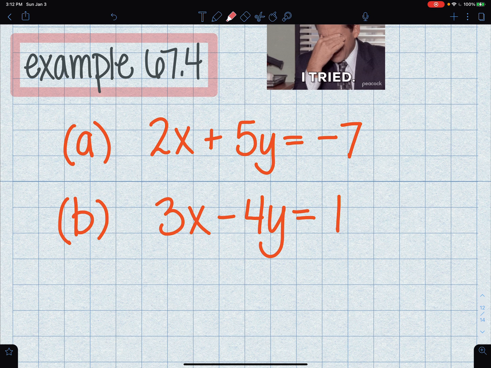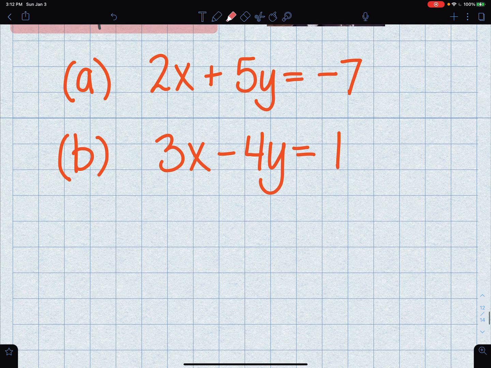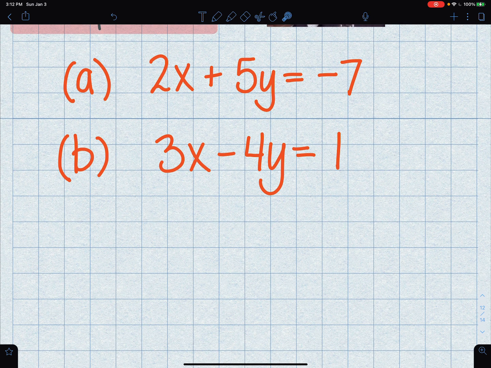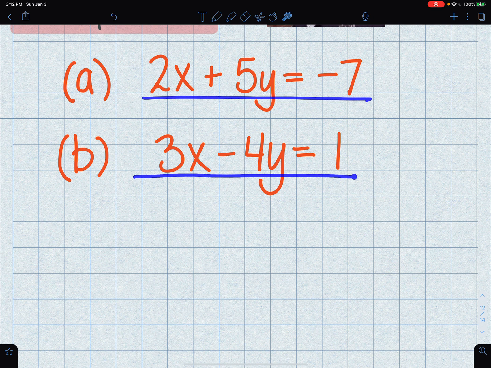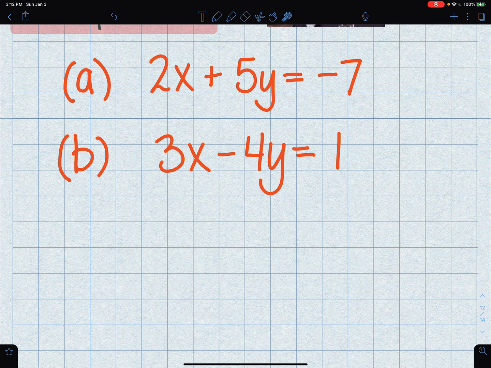Use elimination to solve the system. We've got 2x plus 5y is negative 7, and 3x minus 4y equals 1. We need to get rid of something. What they did in the book is they decided to get rid of the y's.